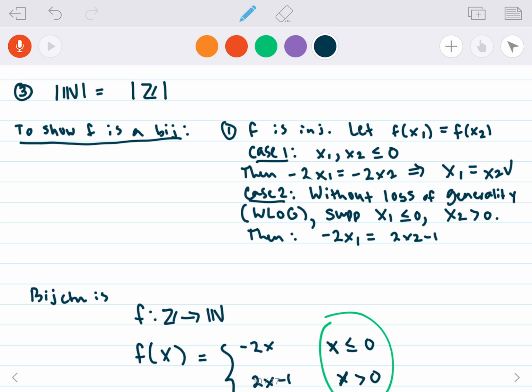Okay, so negative 2x1 equals 2x2 minus 1. So this can't happen, right? We can't have an even number equaling an odd number, okay? And so this case 2 doesn't even exist. Okay, so forget it. Case 3, both of these guys are bigger than 0.